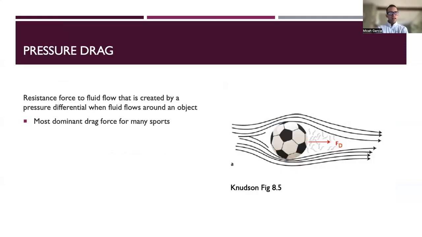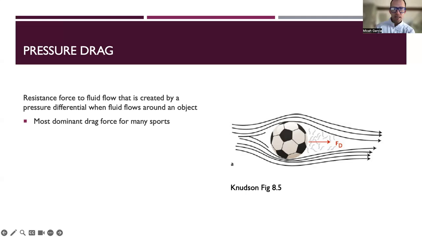We also have pressure drag, and this is going to be a resistant force to the fluid flow that is created by a pressure differential when the fluid flows around an object. And this pressure drag is going to be the most dominant drag force for many sports.